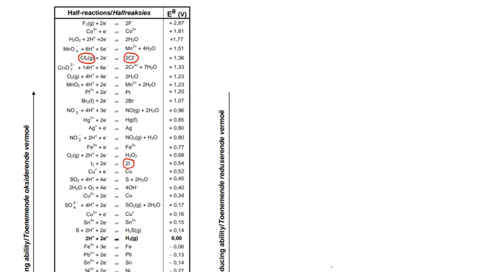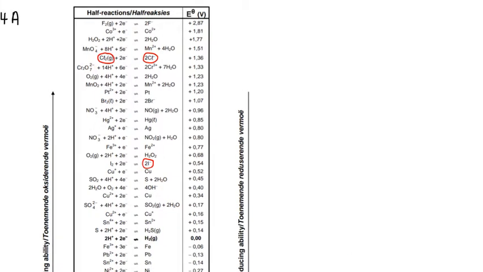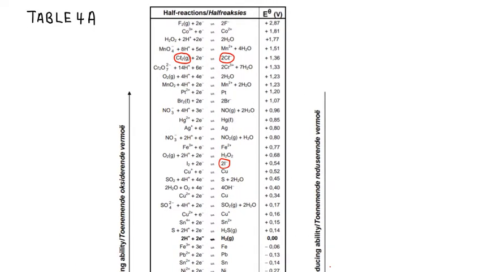On table 4A, I have identified all of these four components. Now you just need to remember how this table is structured. On the left hand side, that is where you're going to find your oxidizing agents, and on the right hand side, that is where you're going to find your reducing agents.